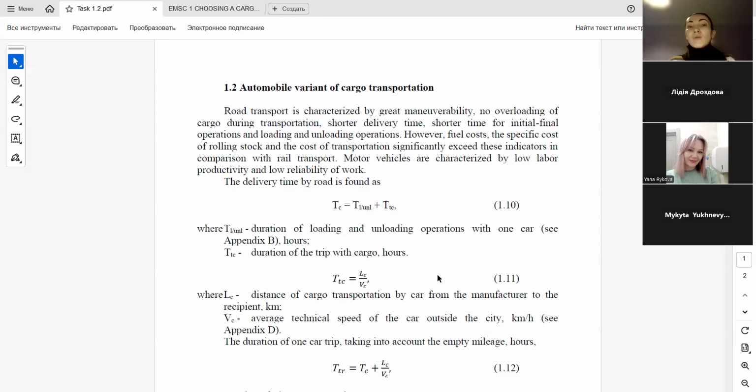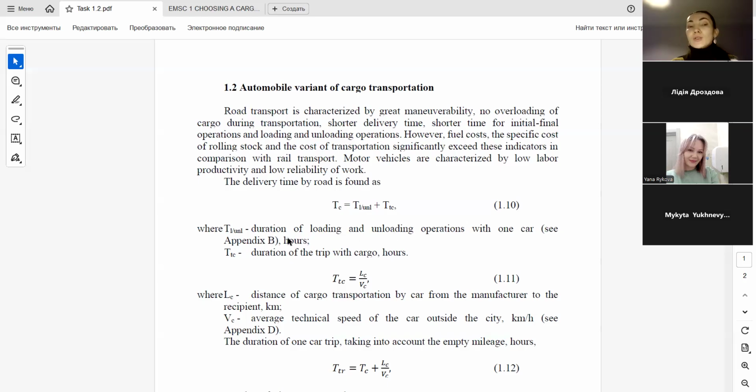Yes, and our next formula, because we already know the duration of the trip with cargo, now we calculated it. We see in our previous formula 1.10 that the first parameter, t with index L and unL, is the duration of loading and unloading operation with one car.